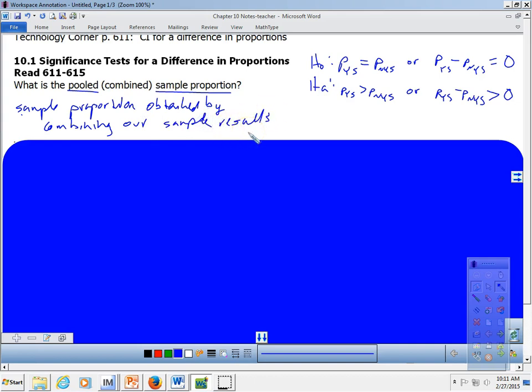And again, we do that, and as a parenthetical here, we do that because we assume there's no difference in our groups, which obviously there's not. Okay?